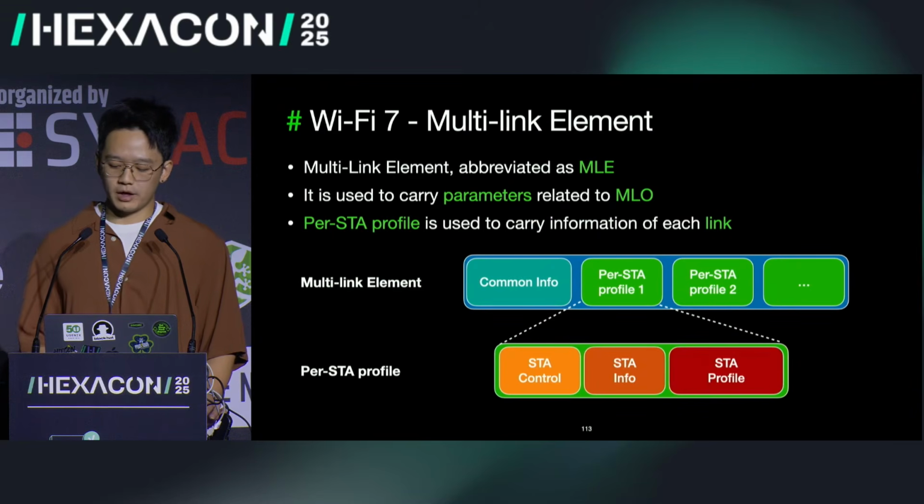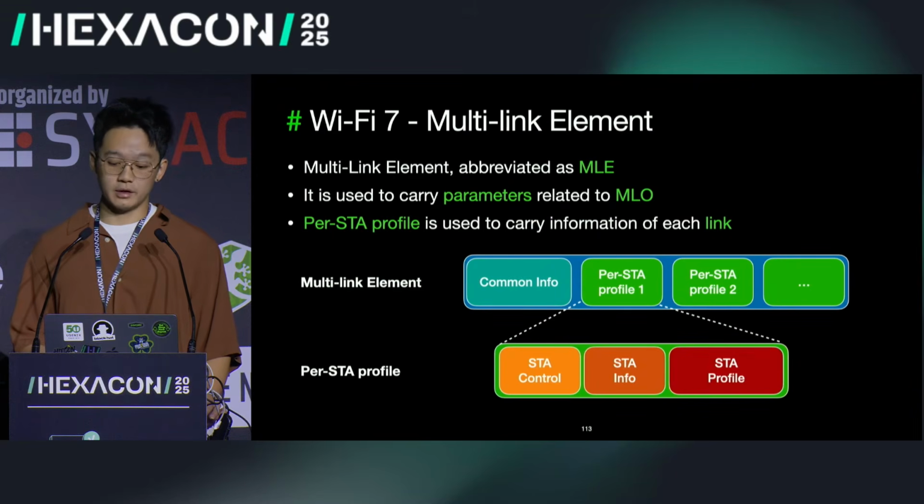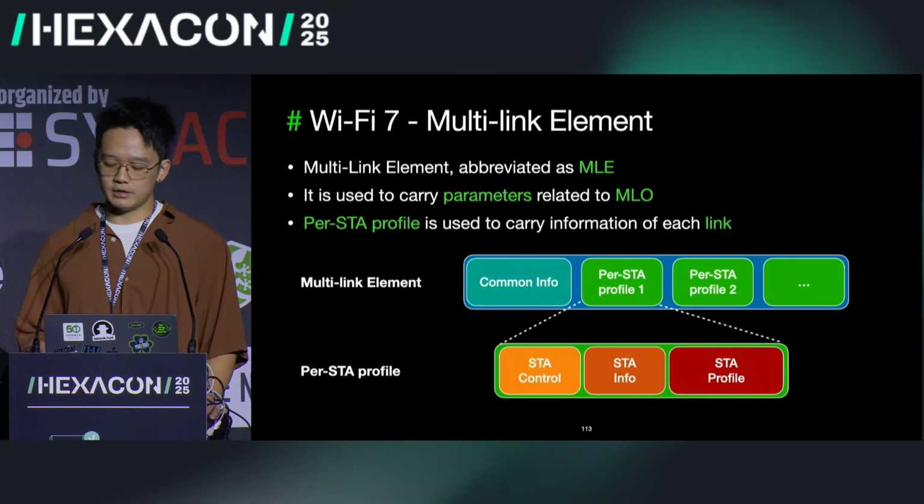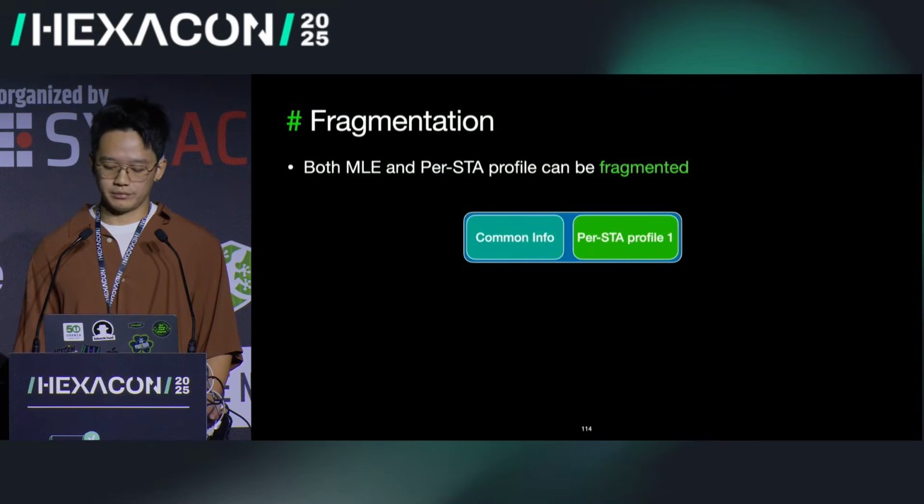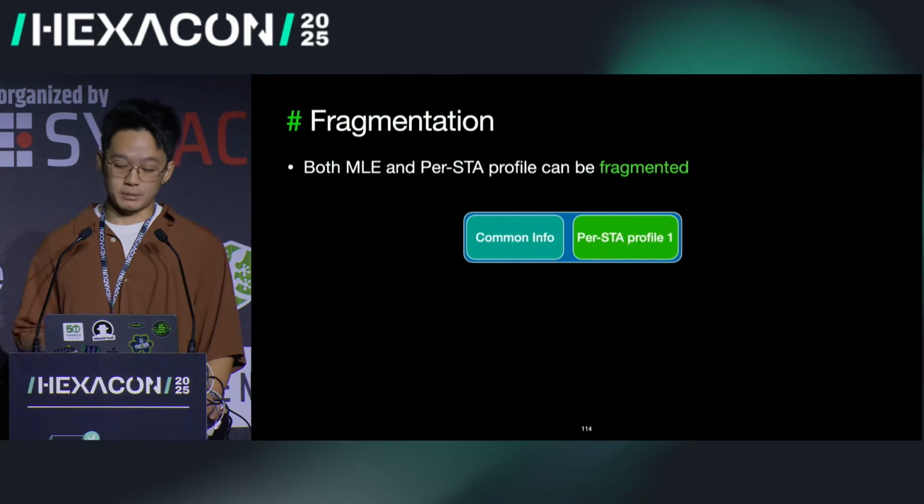The per-station profile is a sub-element in the MLE that describes the capabilities and settings of each link. For example, if a station wants to create a new 6 GHz link, it needs to add a per-station profile in the MLE. Both the MLE and the per-station profile can be fragmented.